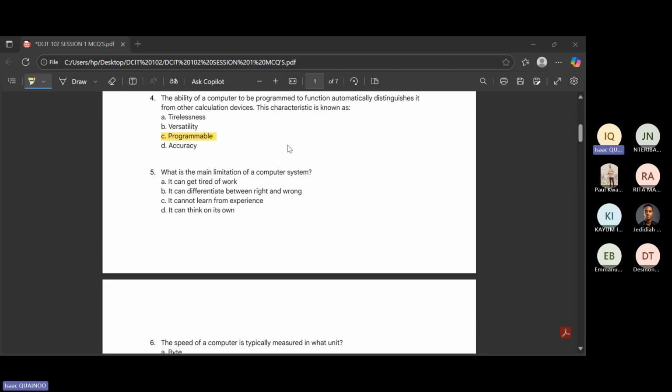Alec, yes, I will choose D. You choose D. Okay, let's see. It can think on its own. I think computers cannot think on their own unless someone inputs data for them to process. Yeah, computers cannot think on their own. But we're talking about the main limitation.